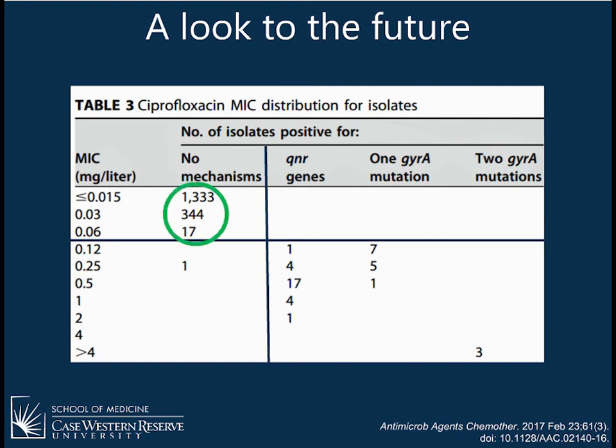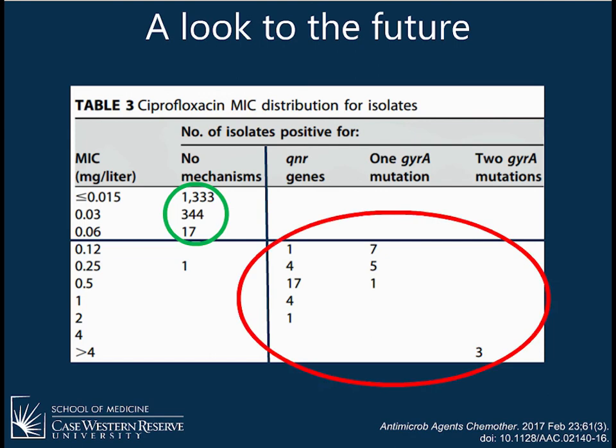So in the top left corner, you can see these are above the line, the 0.06, 0.03. These are low MICs that would be interpreted as susceptible to ciprofloxacin. And they're in the most left-hand column where, when they sequenced the whole genome, they did not detect any genotypic mechanism of resistance to ciprofloxacin.